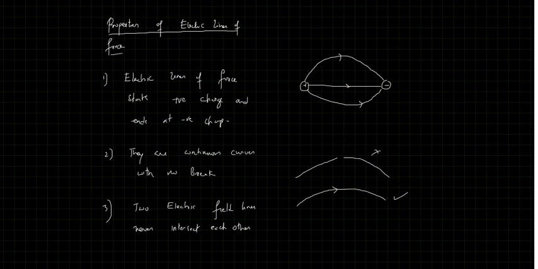Imagine a charge is moving along this line, then which way will it go from the point of intersection? Will it go to the left one or the right one? So they cannot intersect.